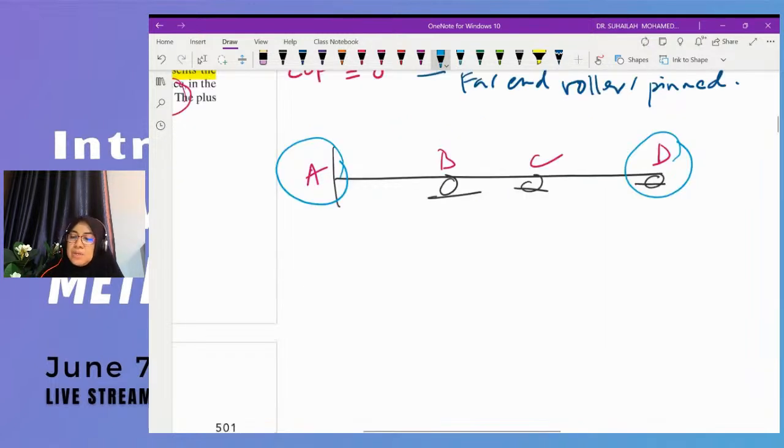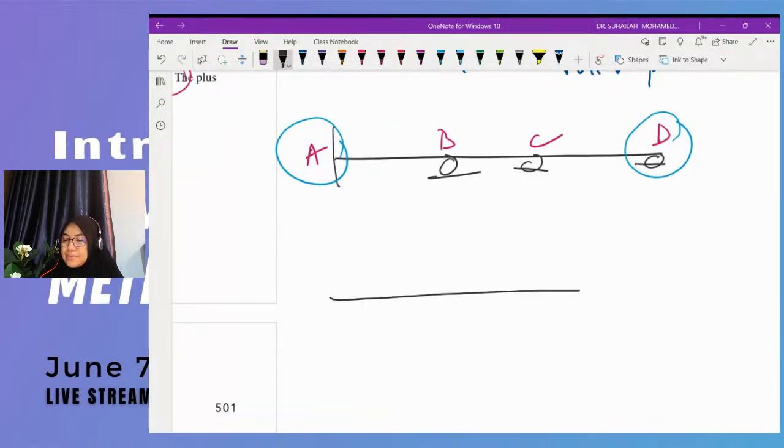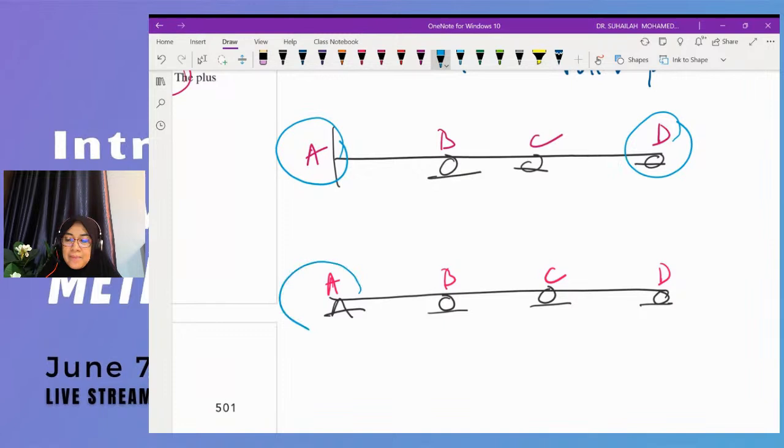Another one: let's say we have pin, roller, roller, roller. This is A, B, C, and D. For AB, A is far end pin, so the factor is 0.